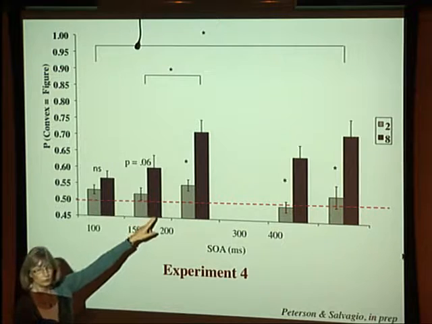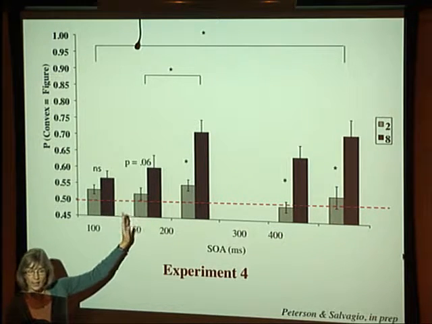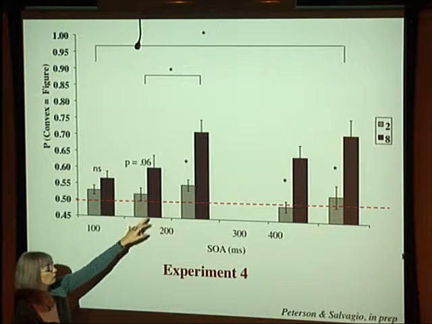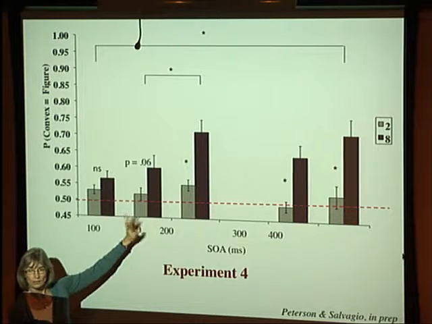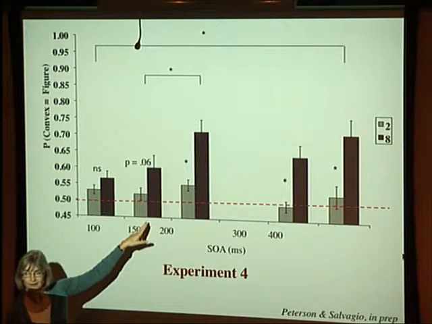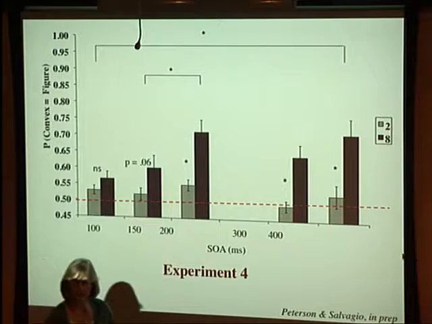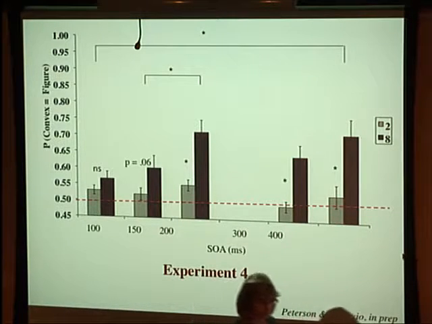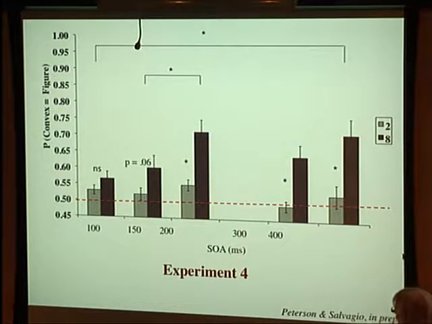If there was a 150 millisecond SOA, so we waited 50 milliseconds after the display went off to put the mask up there, we're beginning to see the convexity context effects emerge, but they're not statistically significant yet. They're fully statistically significant at a 200 millisecond stimulus onset asynchrony.